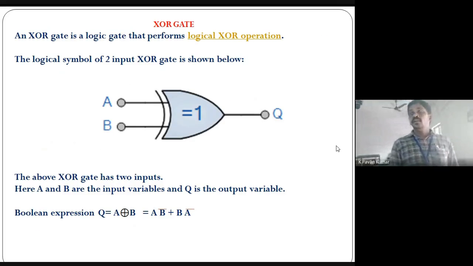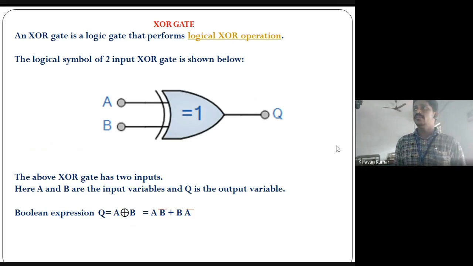And next one, XOR gate, the exclusive OR gate. An XOR gate is a logic gate that performs the logical XOR operation. The XOR operation is A plus circle B. The plus circle represents the XOR operation. Look at the symbol of the two input XOR gate.